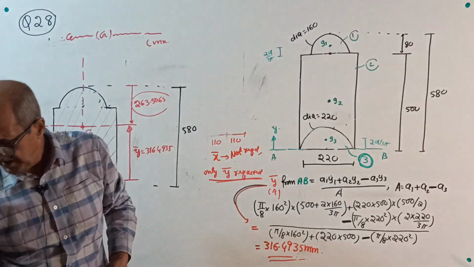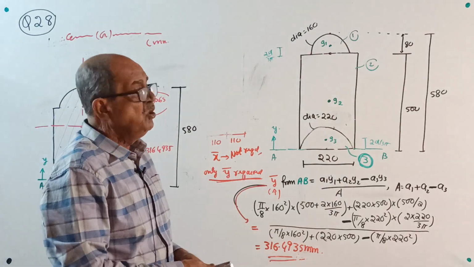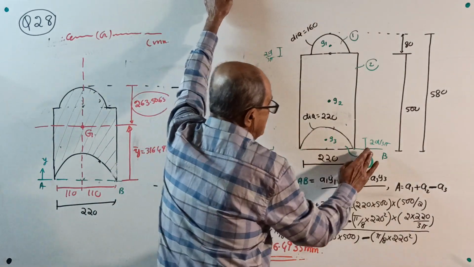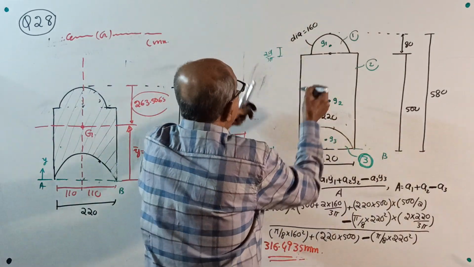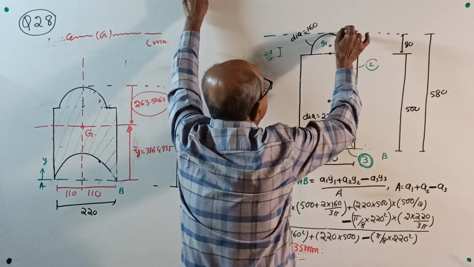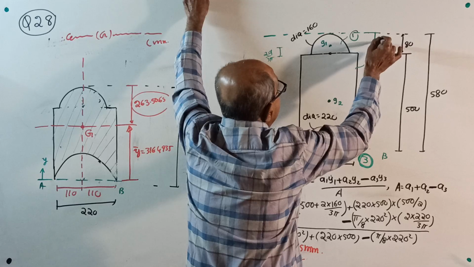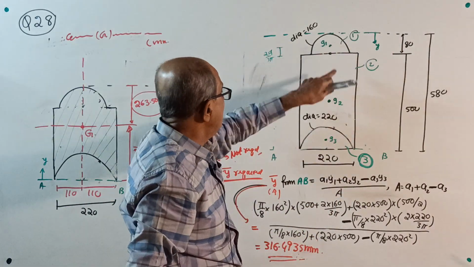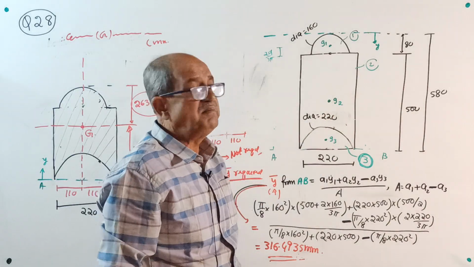Write the answer. Now, those who are interested, do one thing. Take the reference line here, at the top edge. Take y this way. I will tell the fast answer. A1, A2, A3 will remain the same.